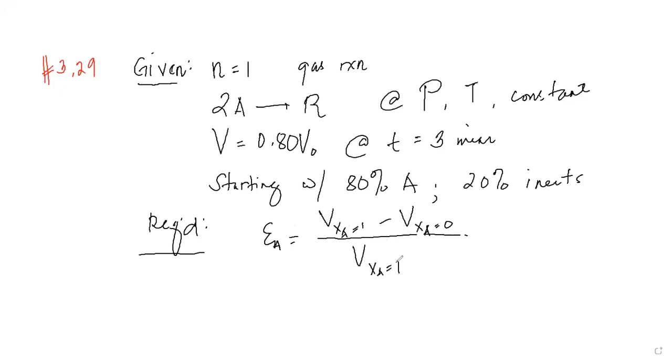Now this volume at 0% conversion of A, I have already explained a while ago. This one is equivalent to the initial volume. This initial volume need not really be specified by the problem.